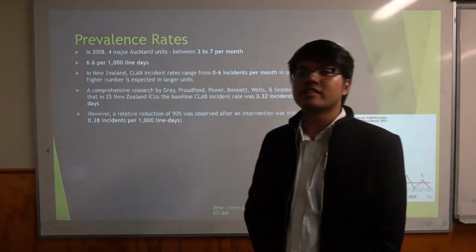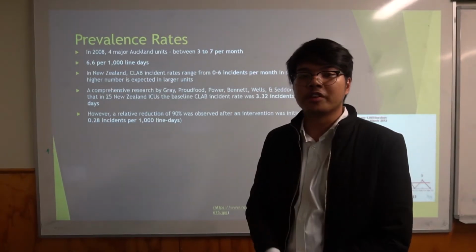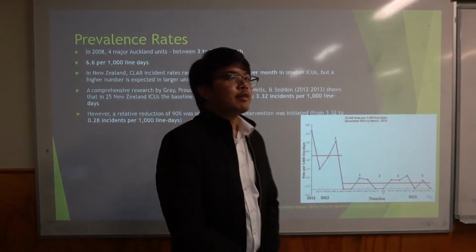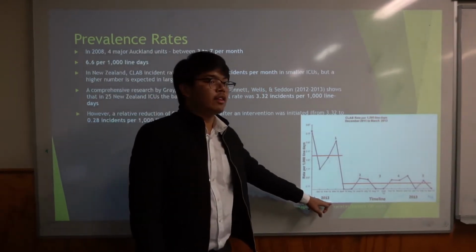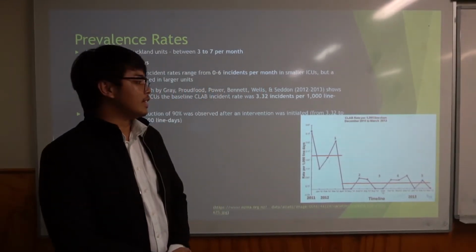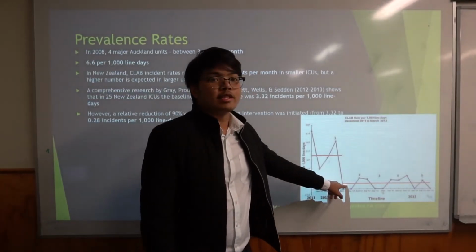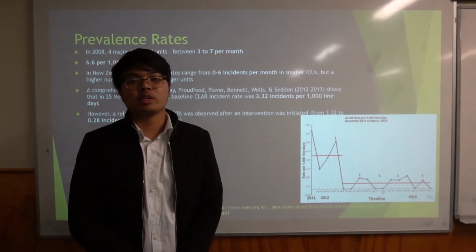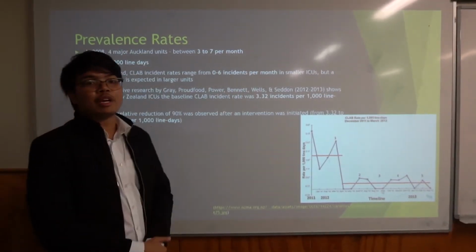New Zealand launched a project called Target Zero Club, which aims to reduce CLAB rates further. The baseline reported was 3.32 during 2012. But in 2013, they recorded about 0.28 CLAB incidents per 1,000 line days, which resulted in about a 90% decrease of CLAB rates in New Zealand.